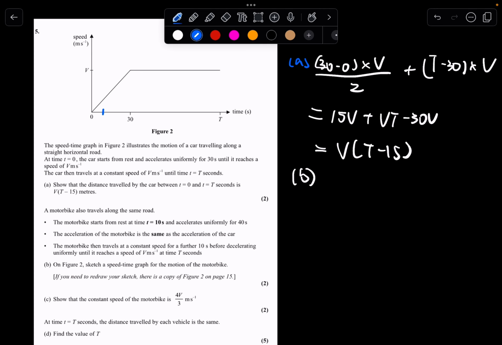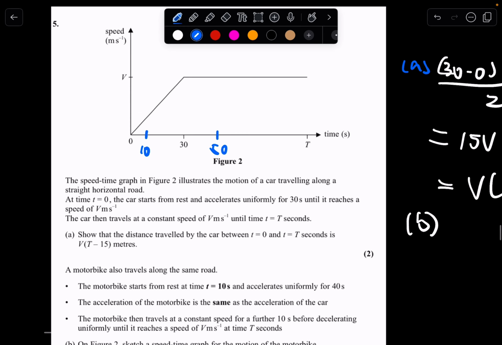Here it is 10, and it starts here and accelerates uniformly for 40 seconds, so up to 50. Since the acceleration is the same, acceleration equals dv/dt, which is the slope, the difference of velocity over the difference of time.